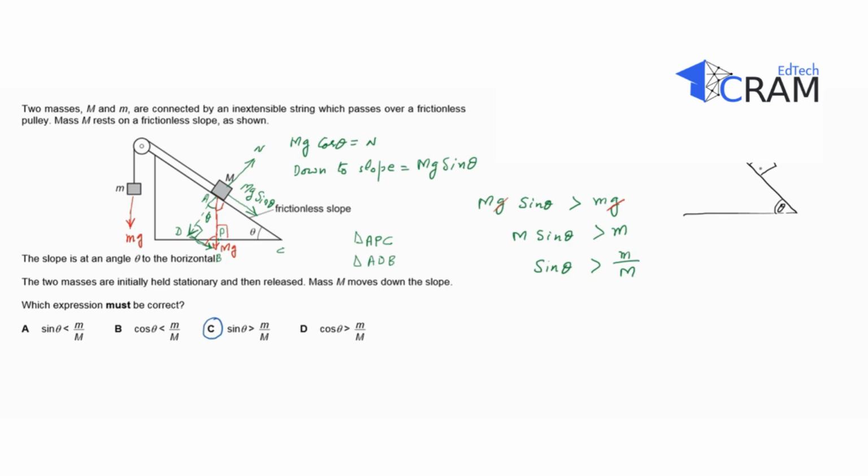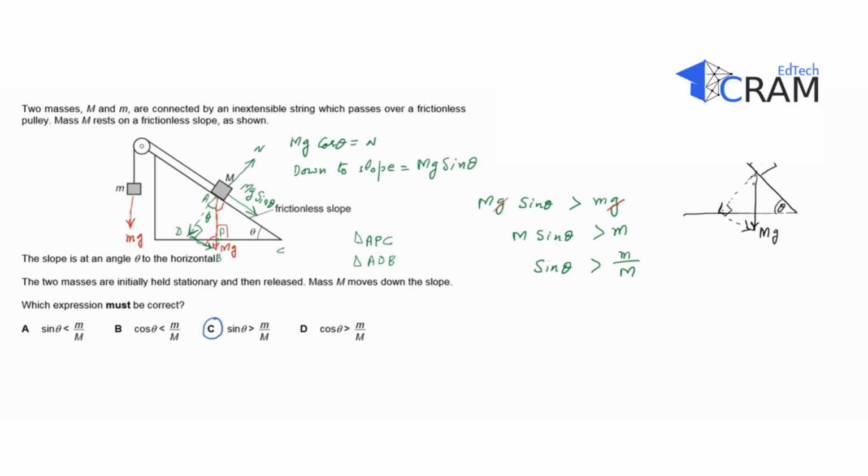The weight of the mass, Mg, acts vertically down. When resolving it into two components, they make a 90-degree angle.